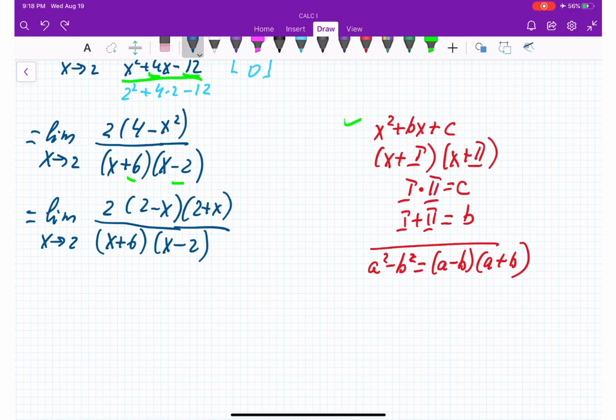So if I have 2 minus x, all I can do is take a negative sign out, so my 2 will become negative and my x will become positive, right? So if I open it back, I will get positive 2 minus x, correct? Or I can rewrite it with positive first, which is x, and negative as the second one.